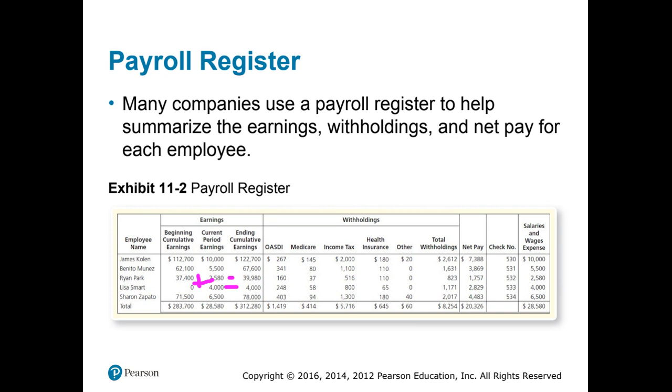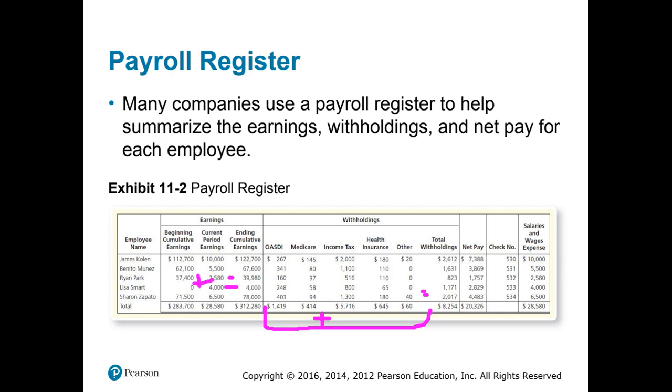This is slide 23. If they say these are all the different withholdings, please calculate their withholdings. You're going to take all of the withholdings and add those together, and that's going to equal your total withholdings.